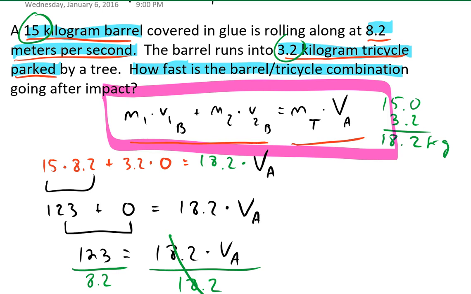And in this one, it was the barrel covered in glue that clued us into them sticking together. And they usually have some sort of like barrel tricycle thing where it basically is hinting that they're stuck together. Okay, so as you're doing these problems, make sure you write down this equation on your show your work answer sheet so you have it handy.